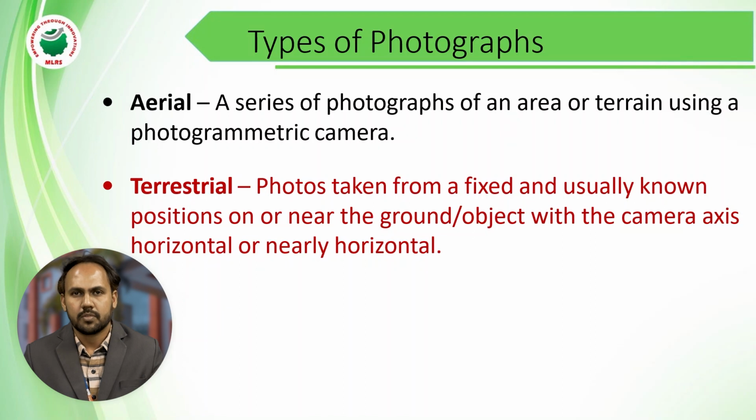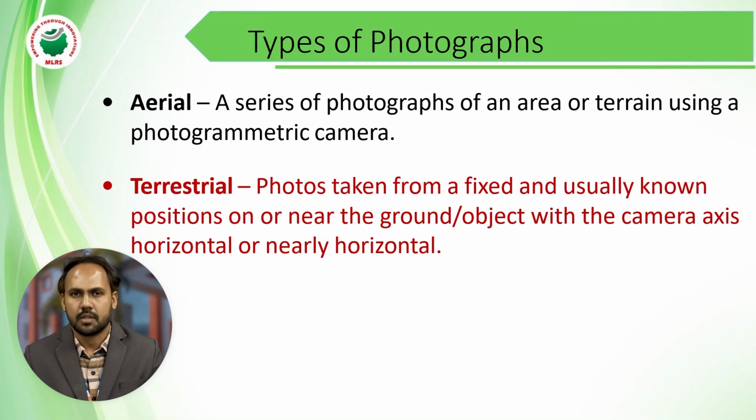So coming to the types of photogrammetry, there are two branches: one is aerial photogrammetry and the other is terrestrial photogrammetry. What is the difference between them? If the photograph is taken in the vertical direction, that means from the top, from the air, it is called an aerial photograph.